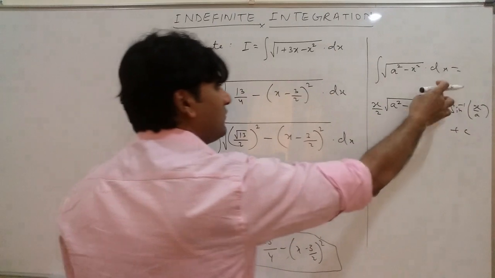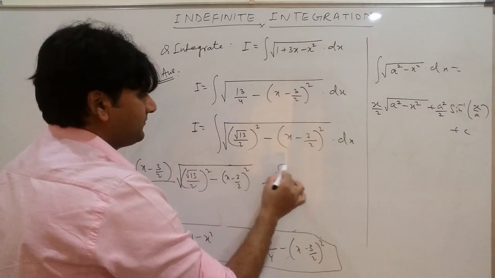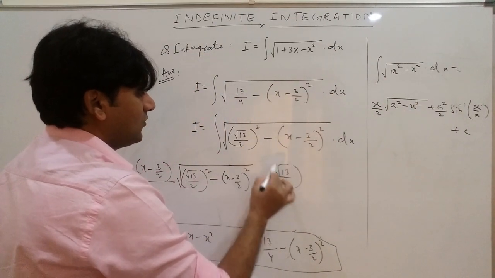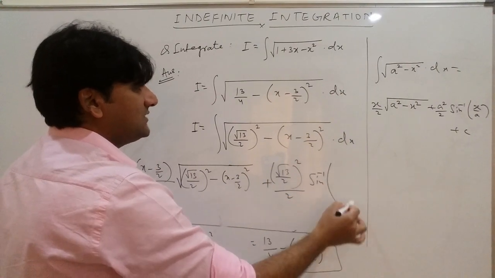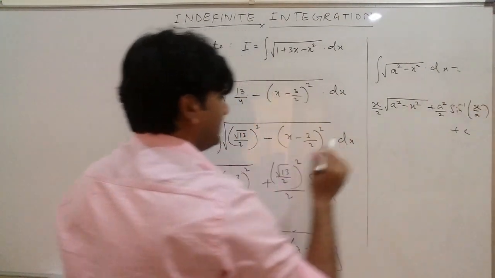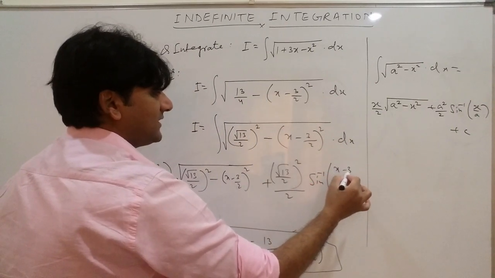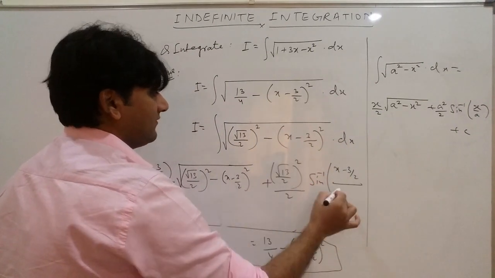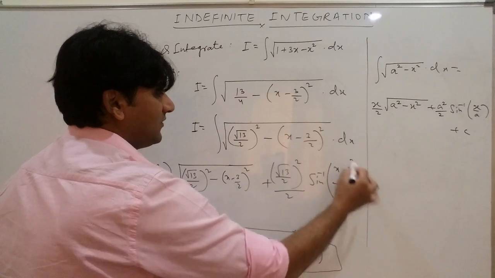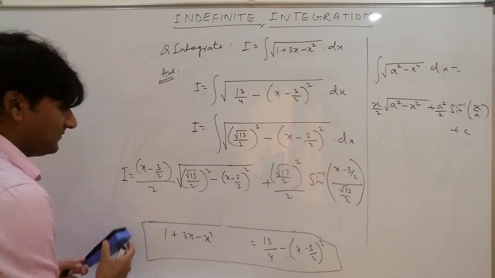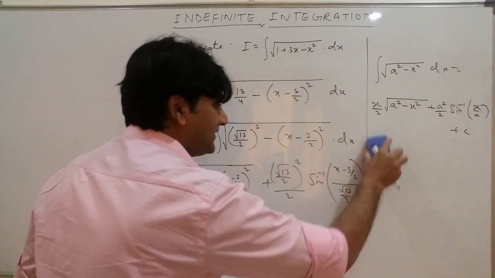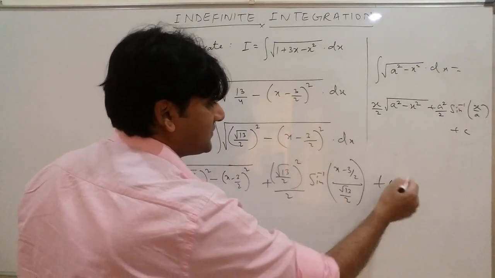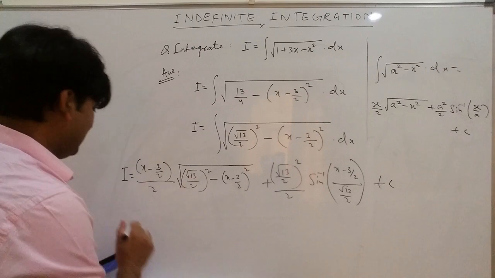Now plus a square over 2. What is a square? Root 13 over 2 whole square over 2. And then sine inverse x over a. What is x? x minus 3 over 2 divided by a, which is root 13 over 2. And now we have to simplify this. And here don't forget to write plus c.